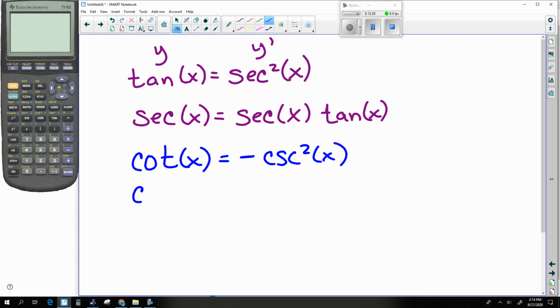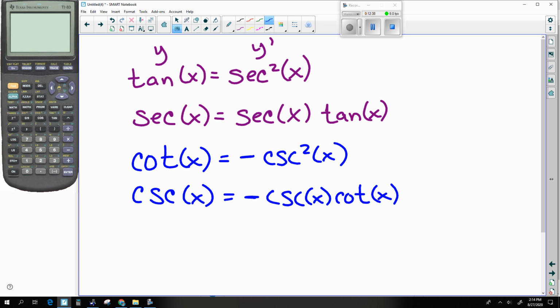And cosecant goes to cosecant cotangent, but it's negative. It's just the basic idea. If you take a derivative of a co-something, the answer is going to be negative. Tangents work with secants, and then the cos deal with cos.